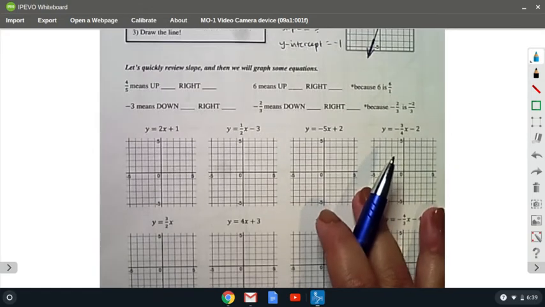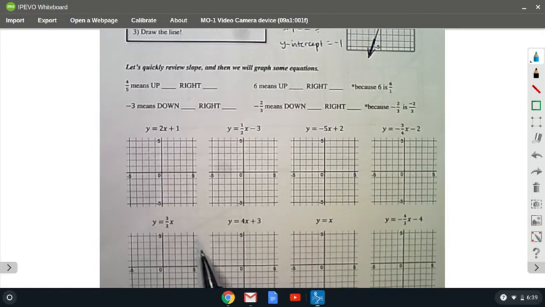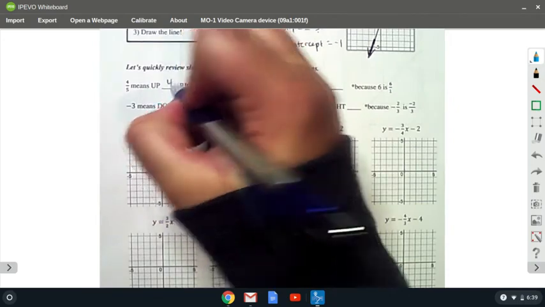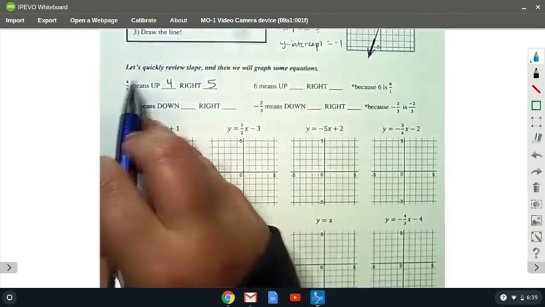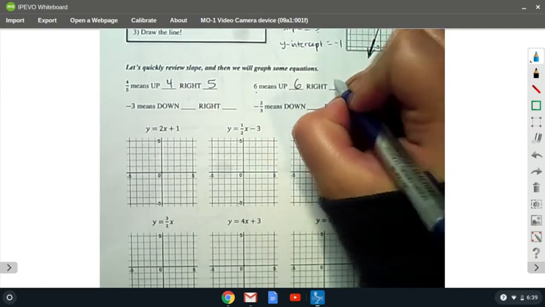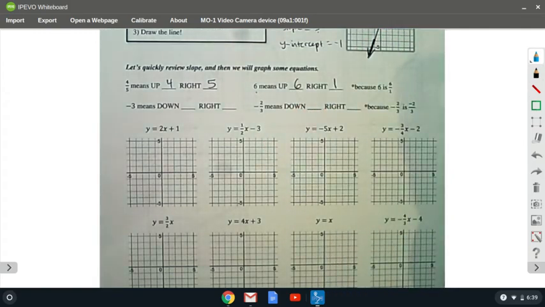So let's do some more of this. Let's quickly review slope, and then we will graph some more equations. So 4/5 means you are going up 4, right 5, if that's the slope. If your slope is 6, it means you're going up 6, right 1, because essentially that's 6 over 1.